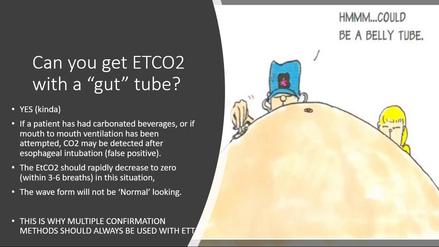This is why even with end-tidal CO2, we always use multiple confirmation methods, but this is also why you look beyond the first 3 to 4 breaths. Okay? So that's an important consideration.